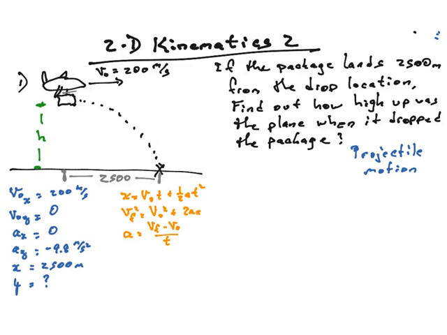Do I have the final velocity in the y direction? Oh, no. Again, I don't have the information. I don't know how fast this package will be moving when it hits the ground. All right, so let's move on to the third equation. Can I use the third equation to solve for my y distance? No. There is no x in this equation. There's no distance.